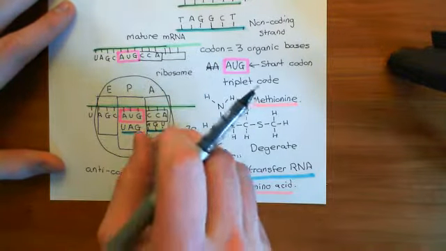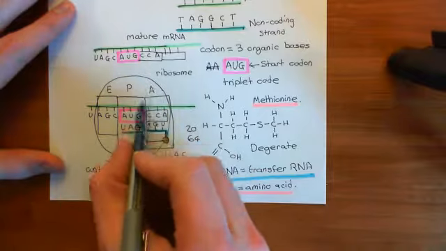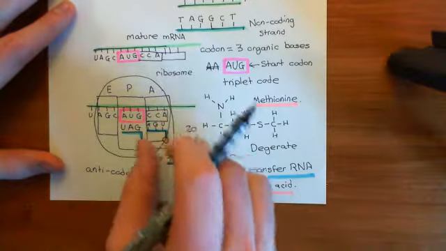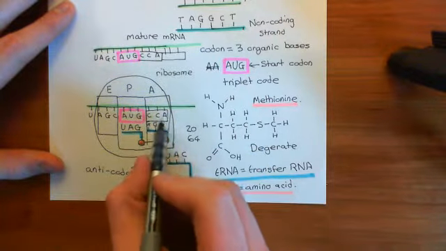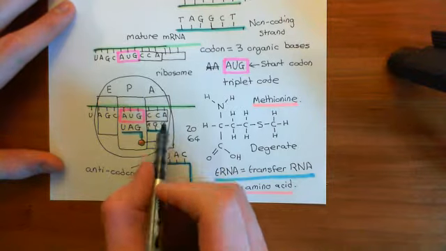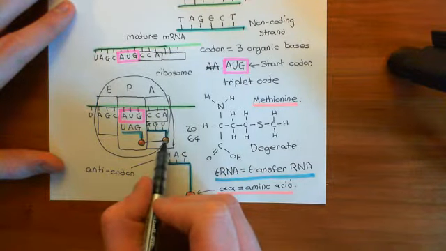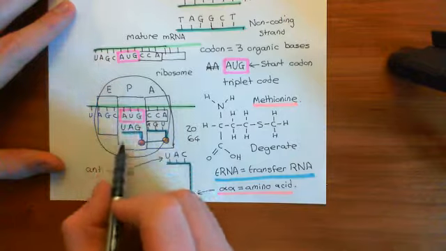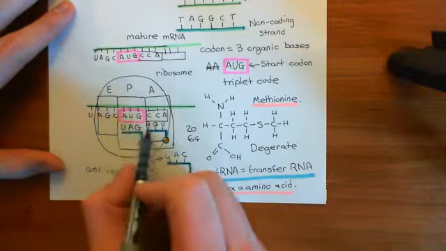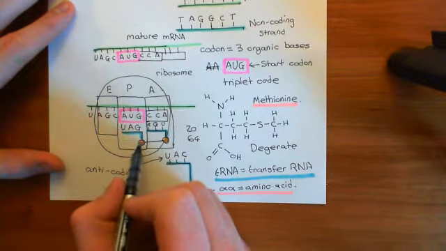So what happens is this A site is where the new tRNAs are coming in, which are complementary to the current codon that's there. Okay, and they'll be bringing in an amino acid. Then, in the P site, you have a codon which will have its tRNA still there, and this tRNA will have an amino acid attached.